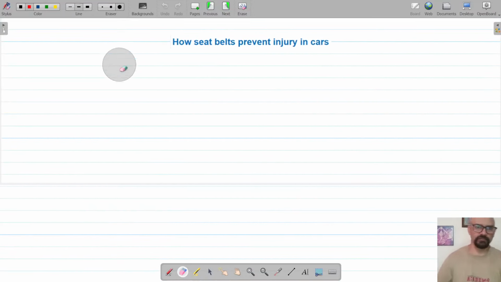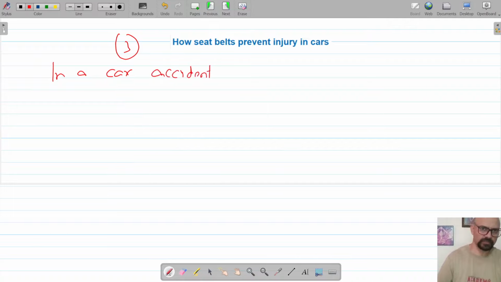Okay, how do seat belts prevent injuries in a car? Let's say in a car accident, what happens? In an accident, this car strikes some other vehicle or some other obstacle, and a fast running car comes to rest immediately.